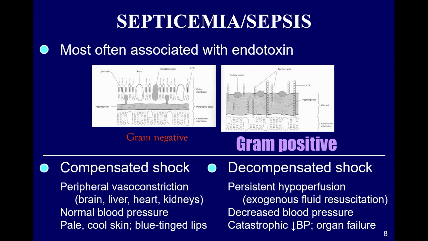Many cases of sepsis are related to endotoxin. If you think back to your gram-positive and gram-negative architecture, this makes sense, right? Gram-negatives have lots of LPS in their cell wall. Gram-positives don't. They have teichoic acid and lipoteichoic acid, but the LPS in gram-negatives is very significant because the lipid A of LPS is a very strong immunogen, right?